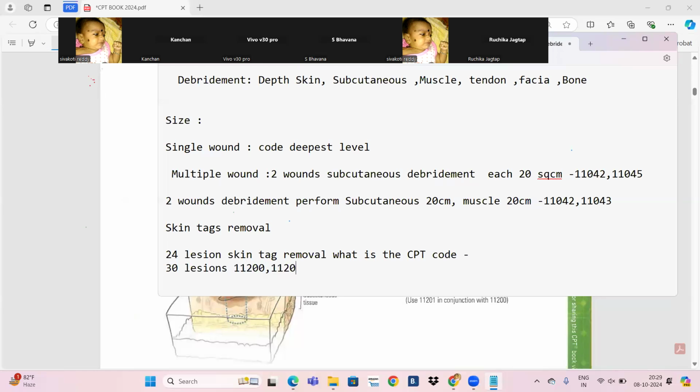Then 11201 for 10 lesions, which means 25. Again 11201, two times. You can multiply the add-on code for each 10 lesions. It depends on the lesions. You can multiply the add-on code.